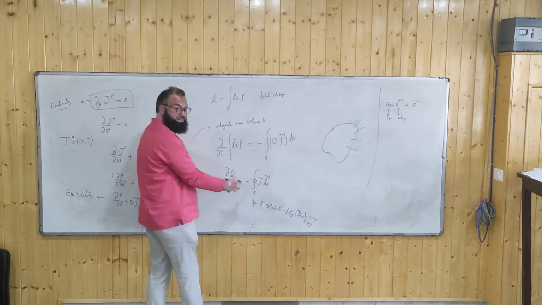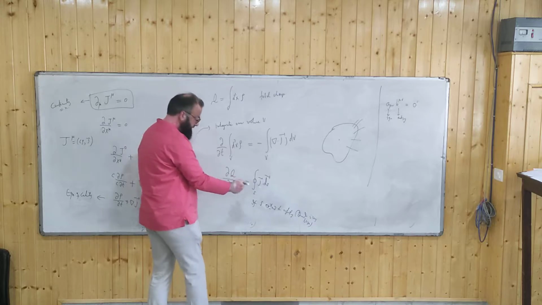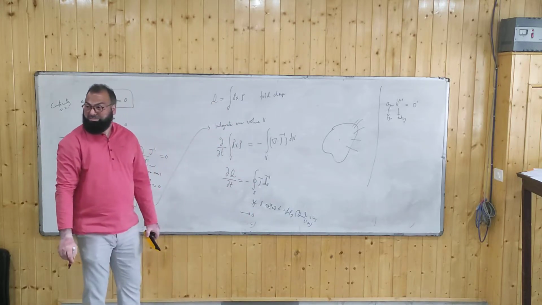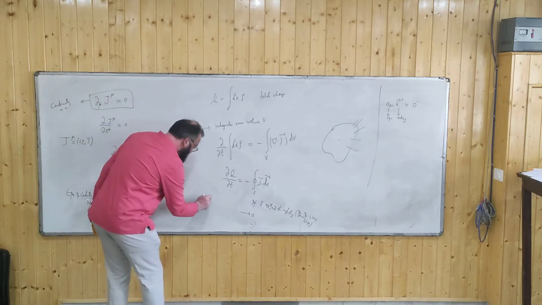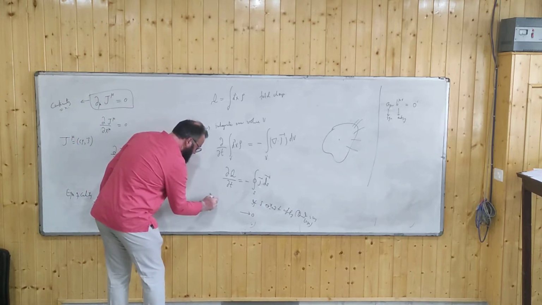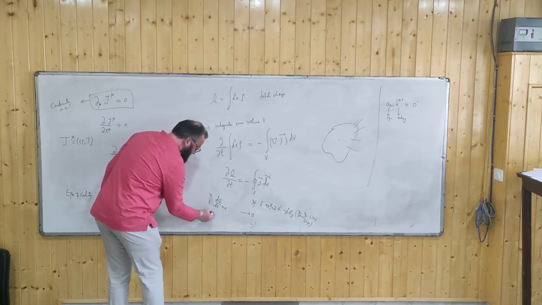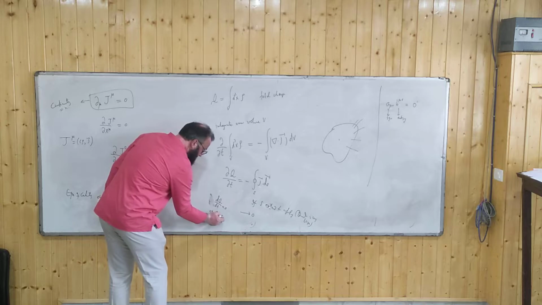What will happen to this very term? This term will go to 0. So what does it mean? dQ by dt equals 0 at the boundary. What does it imply? Q is conserved.